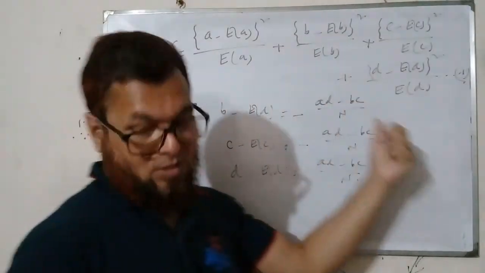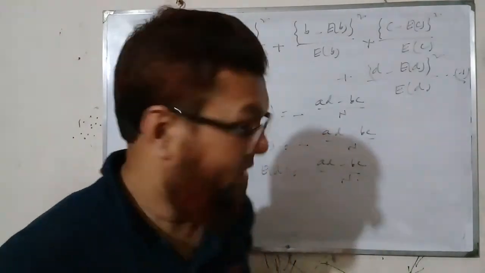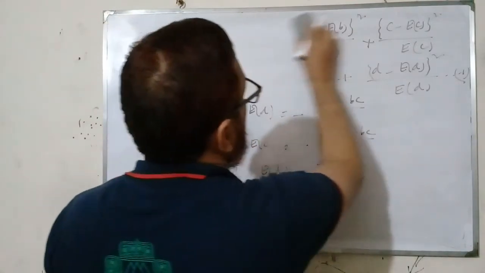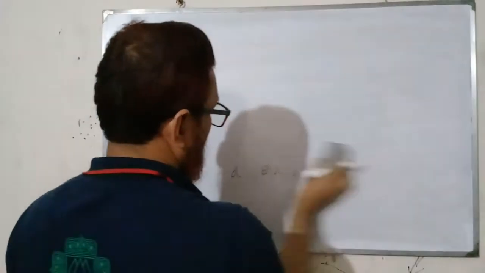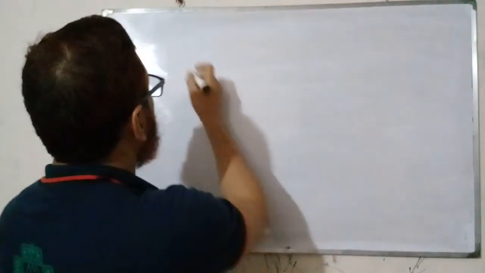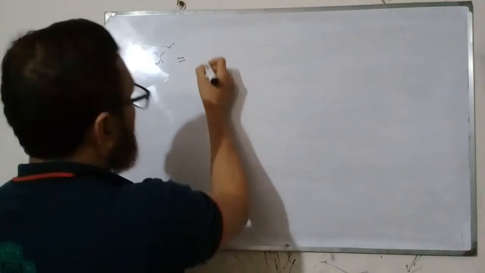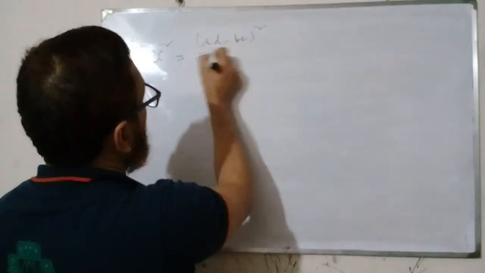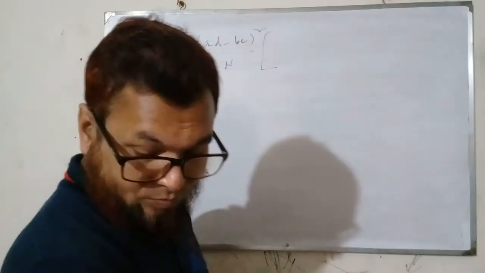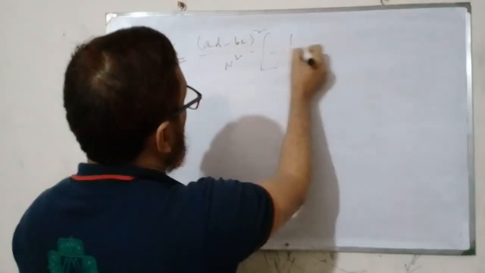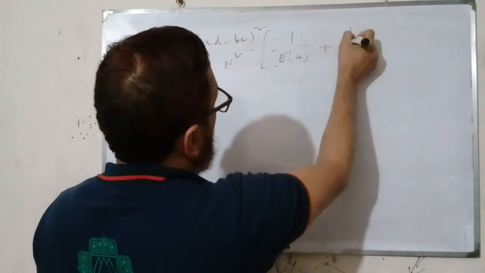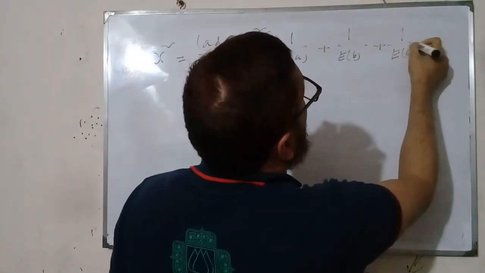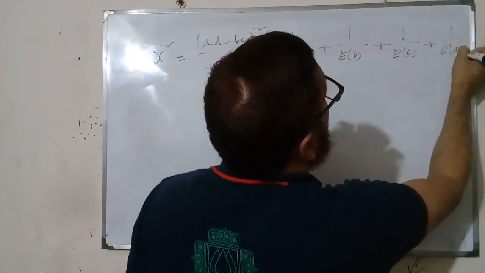Put these values in equation 1. We get (AD minus BC) whole square by N square times 1 by EA plus 1 by EB plus 1 by EC plus 1 by ED.